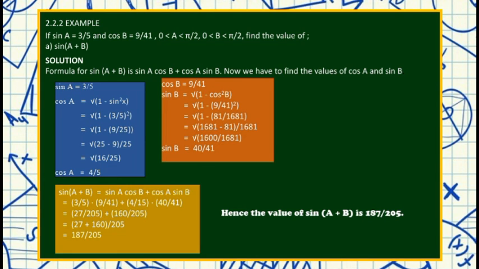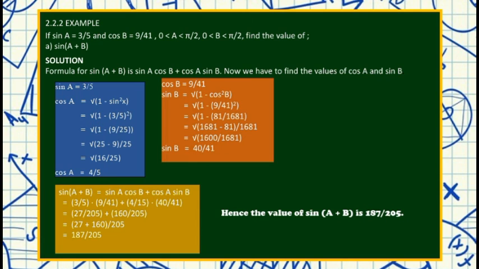We replace these values in the formula sin(A + B) = sin A cos B + cos A sin B. So we get 3 over 5 times 9 over 41 plus 4 over 5 times 40 over 41, equal to 27 over 205 plus 160 over 205, equal to 187 over 205.